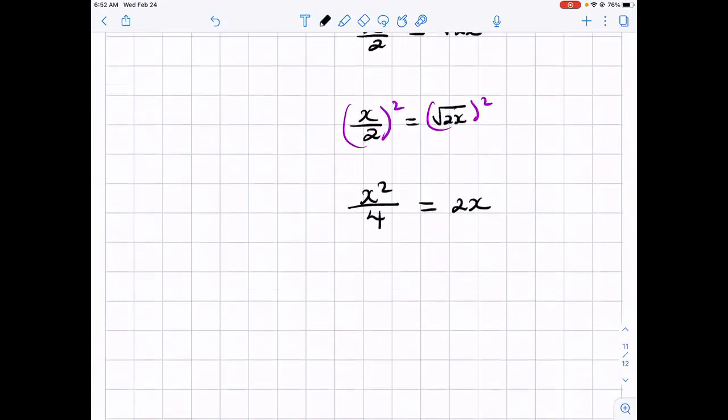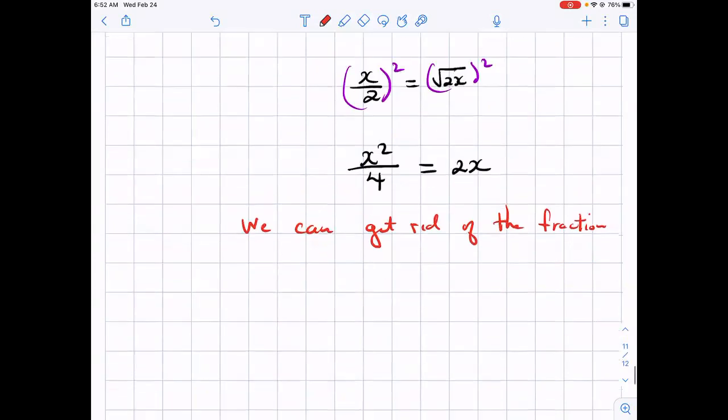So let's make a note, we can get rid of the fraction by multiplying both sides by 4.